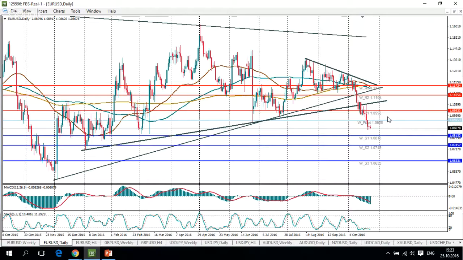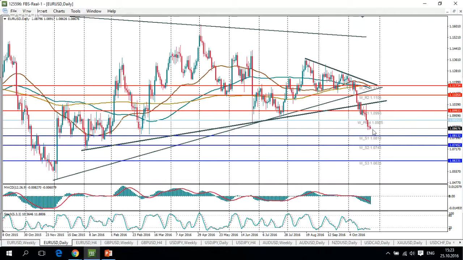The level of resistance at 109.93 is a level to start watching for the signals which will allow us to enter new short positions on the euro.